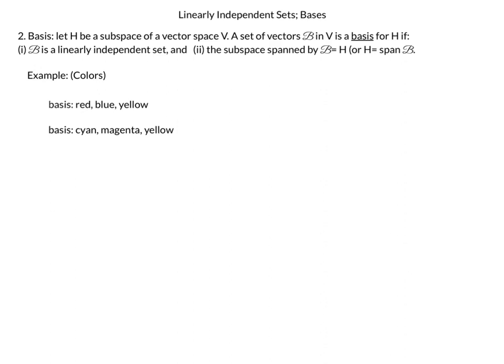Although, personally, I'm not very good at mixing colors, so I wouldn't be able to do that. But theoretically, a person who was good with colors could do that. So I would say I have this particularly elegant, very portable set of vectors. It's very efficient. It's the smallest set I can bring and still have the range of colors that I want, which would be all colors in this example.